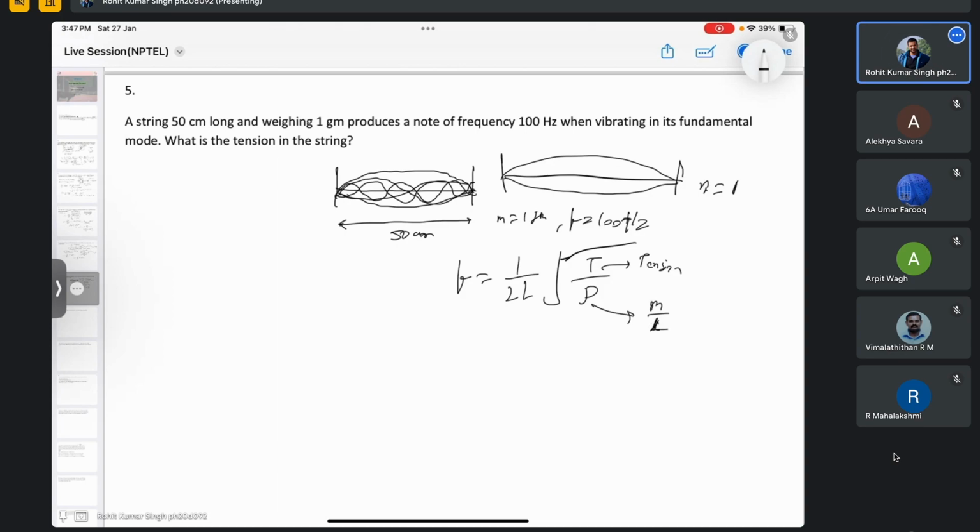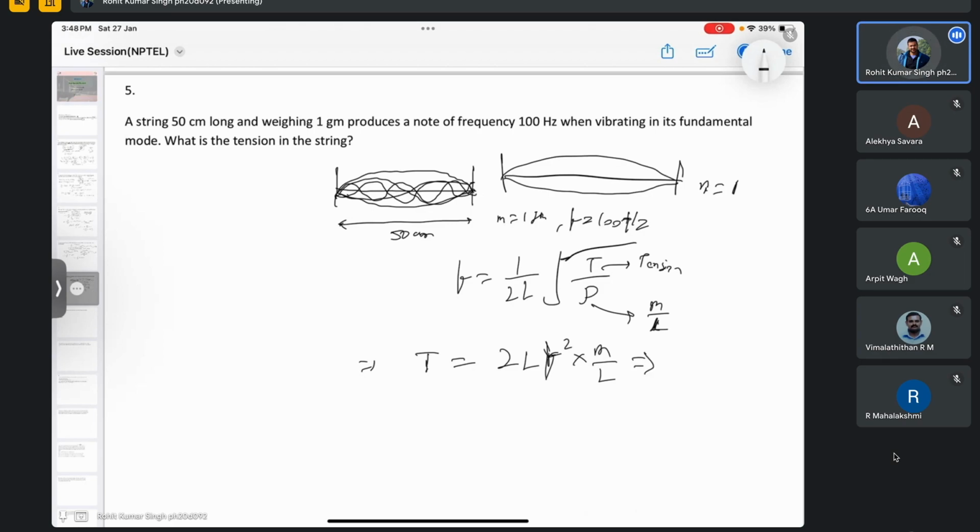So we want to find the tension in the string, so we can just take T out, which will give us 2L F square, F is the frequency, into M by L, right?